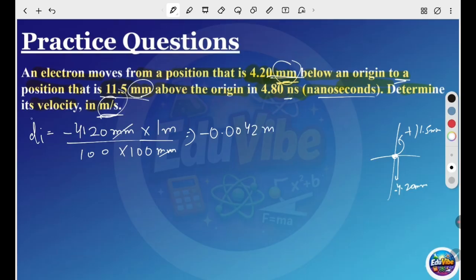This is our initial distance, or we can say the initial displacement. We have to find the final displacement too, which is 11.5 mm, and this is positive because it is above the origin.